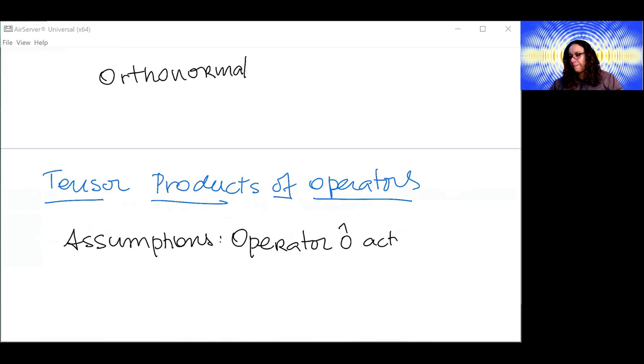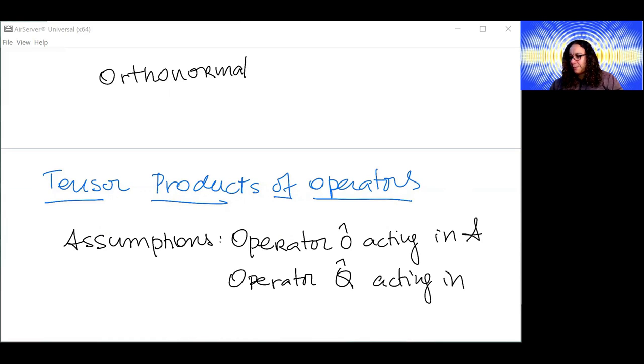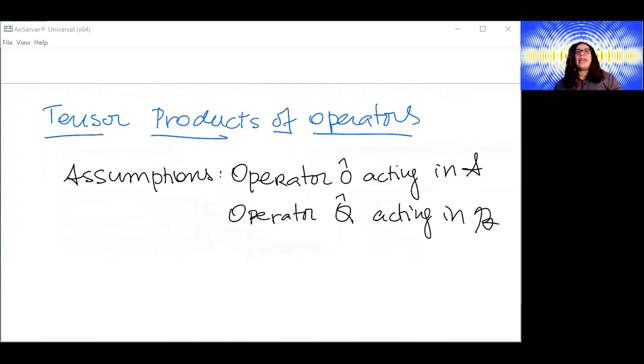acting in the subspace A, and we have the operator Q acting in the subspace B. Now, let's consider also that we have a ket psi in the compound state space A tensor product B. This is our assumption.